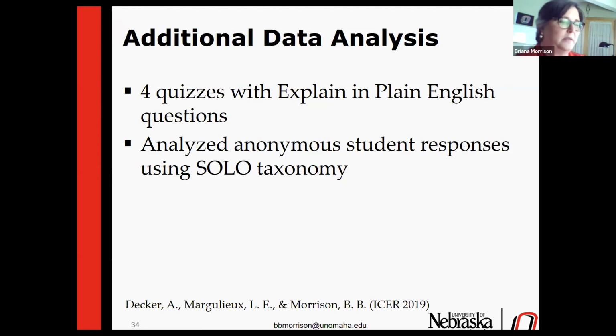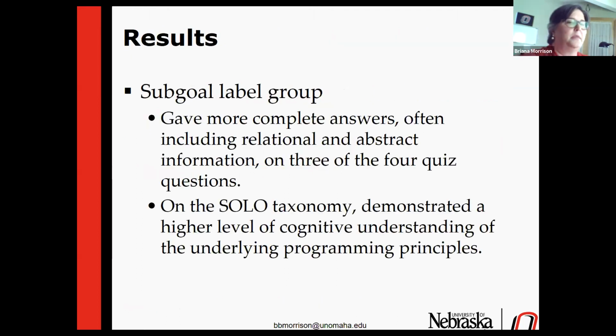But then we did analysis using the SOLO taxonomy that was developed by Biggs and Collis in '82. For the results, the subgoal label group gave more complete answers. They often included more relational or abstract information on 3 of the 4 quizzes. There was one quiz on nested loops where everybody was just way off.